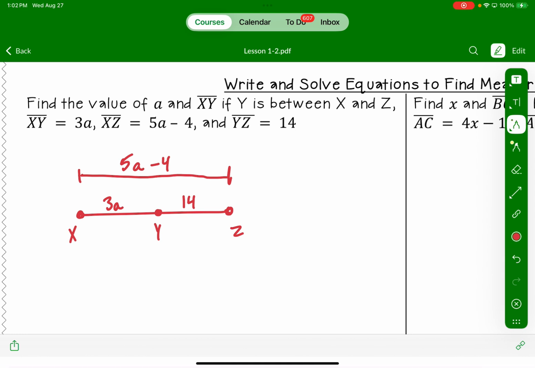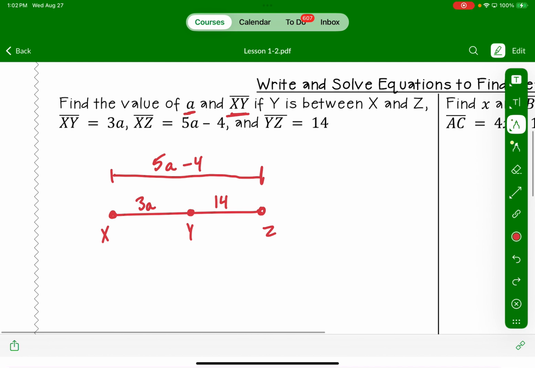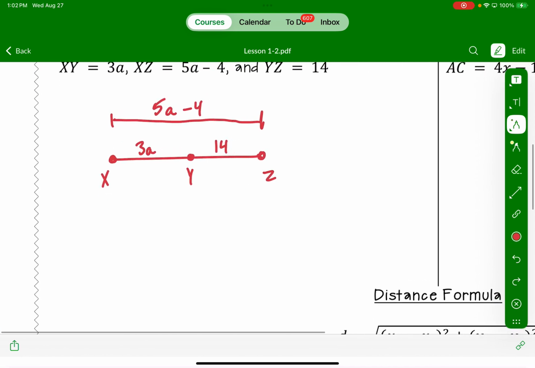So the goal of this problem is kind of a 2-parter. First, we want to figure out what A is. Secondly, we want to figure out the length of XY. Which one would we have to do first? Find A first, right? Because XY depends on what A is. So think about it for a second. Without saying anything, I just want you guys to think.